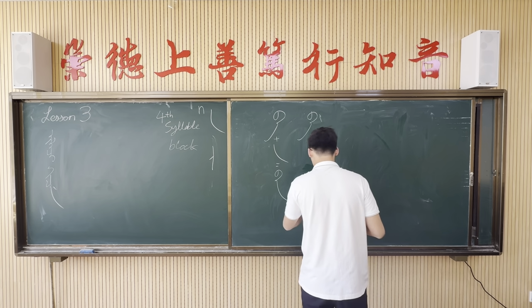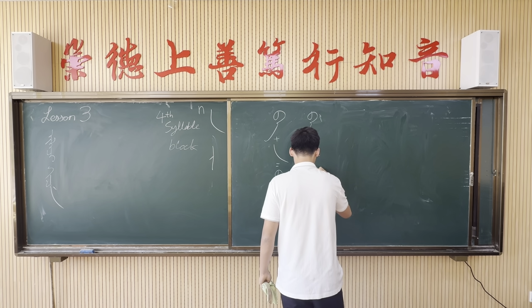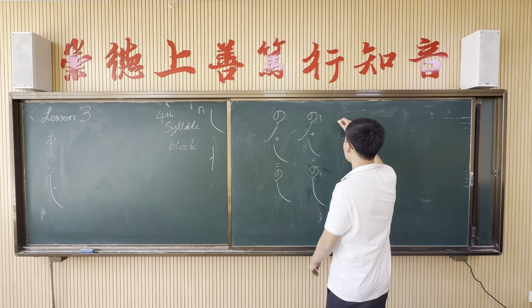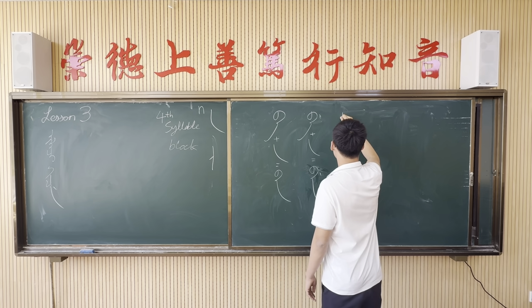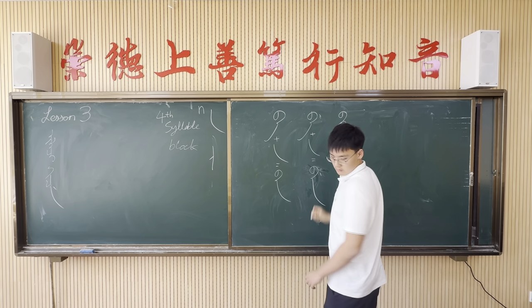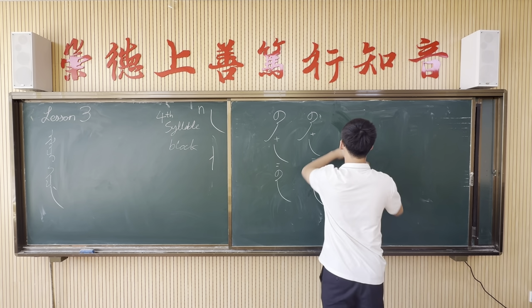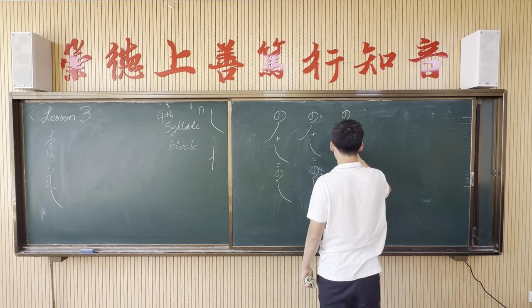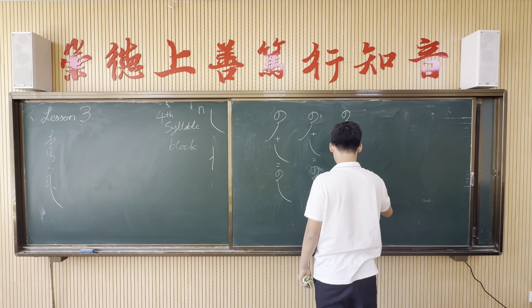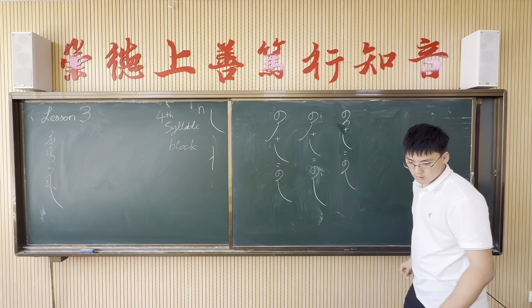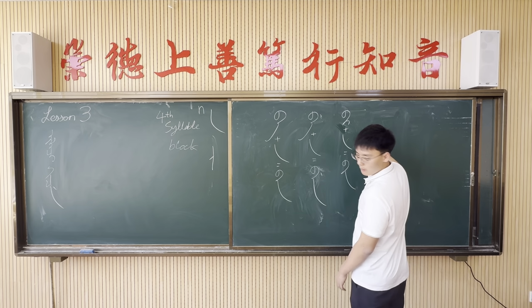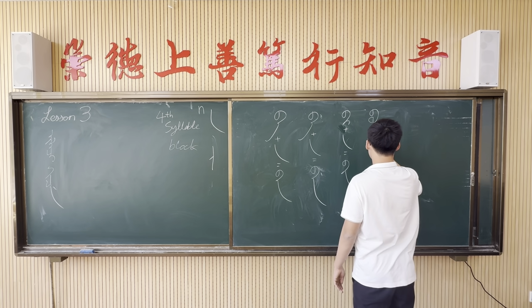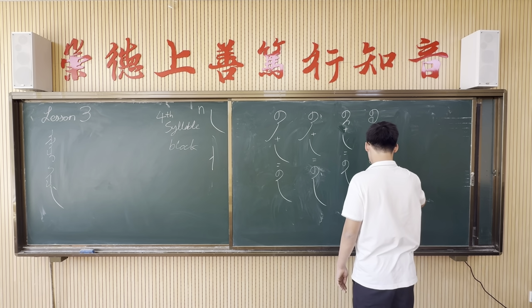And it's kind of wet now, so it's hard to write it, but bon. B plus n equals bin. Bo plus n equals bon.